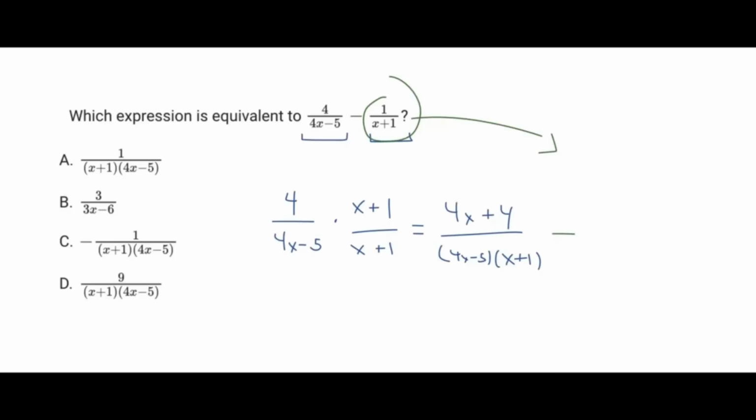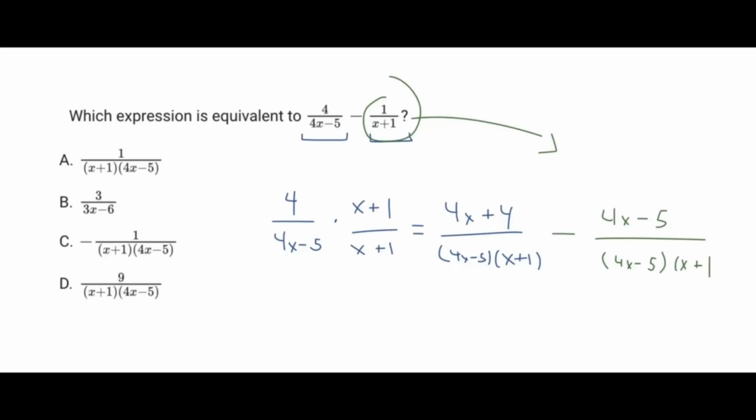And so therefore we will get 4x minus 5 over, and then we get x plus 1. So that's just going to be the same thing. 4x minus 5, and then x plus 1. And so now we can also just look at this entire thing over each other, right? So we have 4x plus 4 minus 4x minus 5, but they have the same denominator.